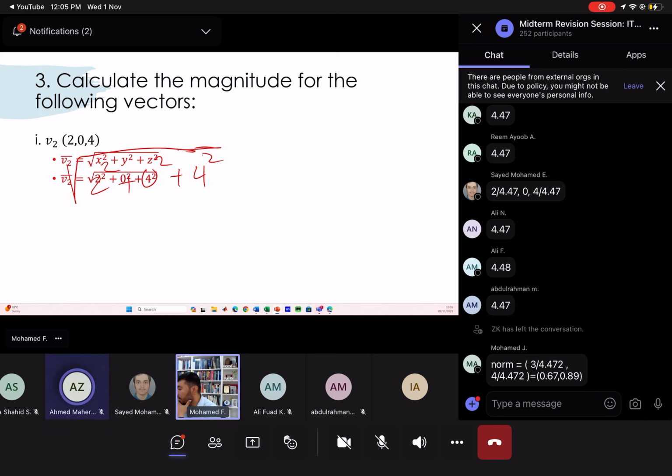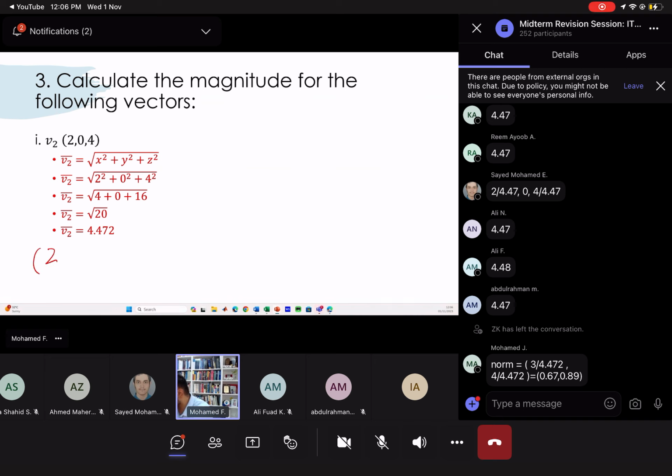Yes. So now to take the magnitude of this vector, we just take the square root of each component squared, added together, and that gave us 4.472. To normalize it, we take the same vector, so 2 divided by 4.472.